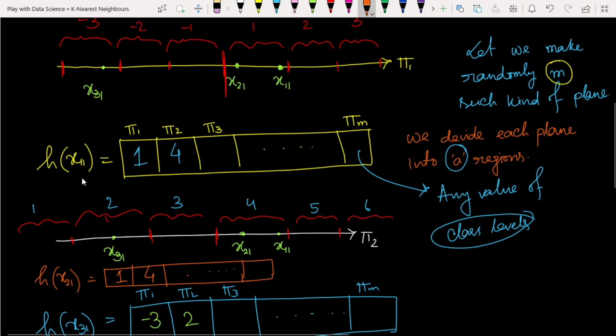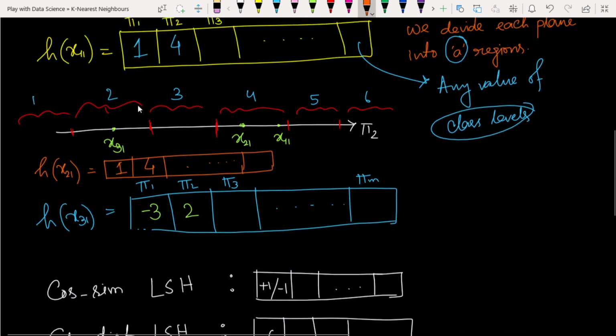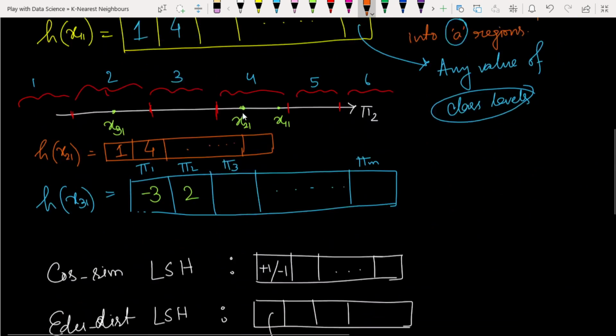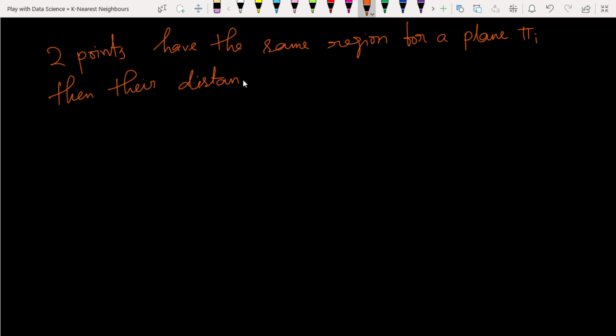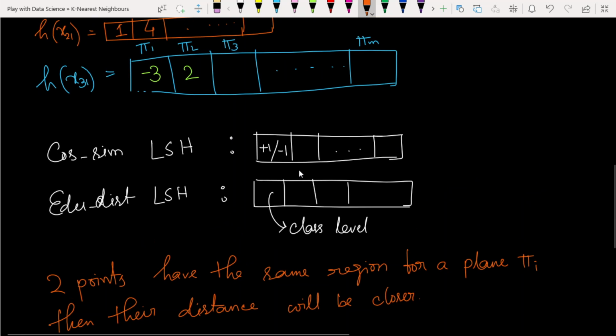Just see this, x11 and x21, 2 points that have the same regions for a plane pi I, then their distance will be closer. I think you have understood this thing.